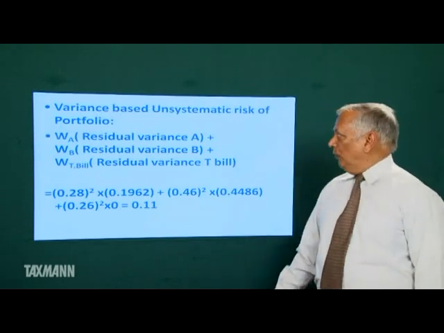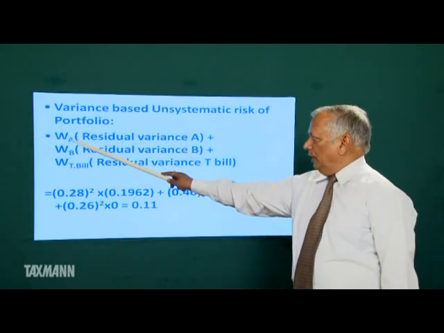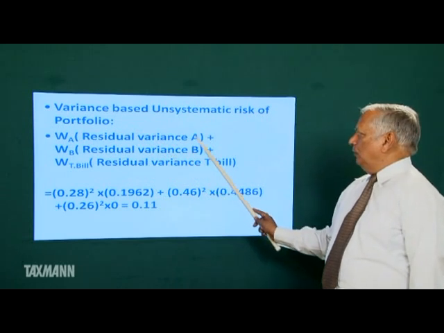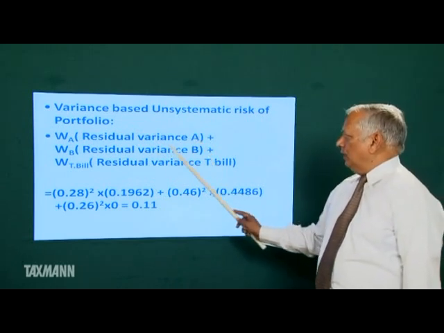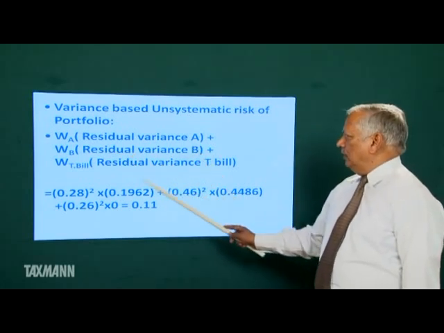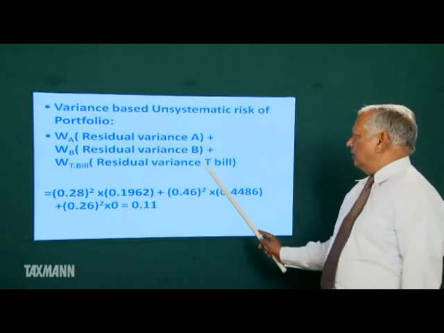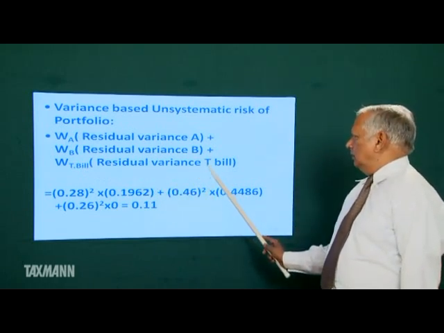So what is the variance based unsystematic risk of portfolio? WA into variance based unsystematic risk of A, WB into variance based unsystematic risk of B, then weight of T bill into variance based unsystematic risk of T bill.